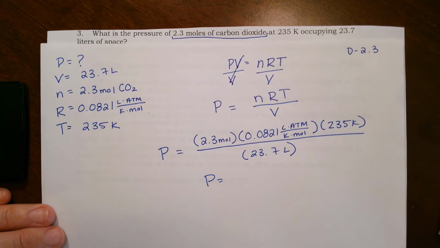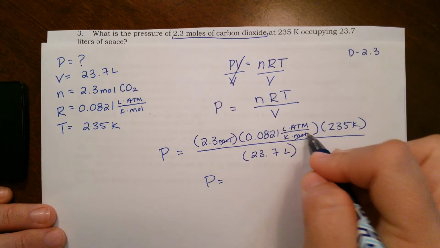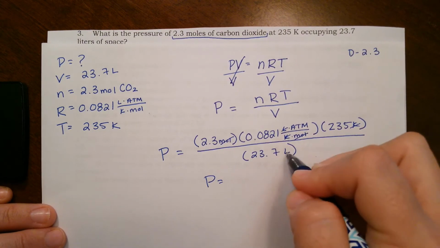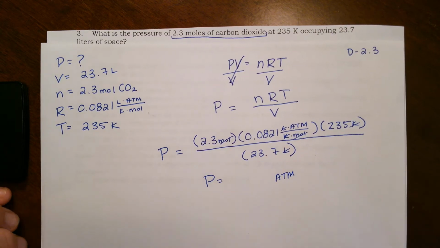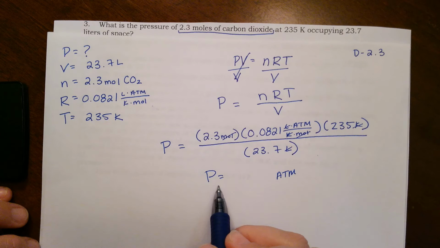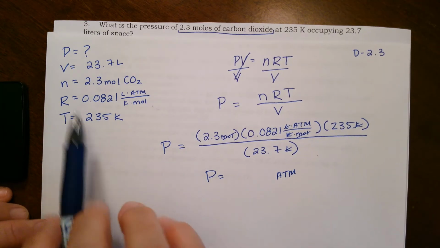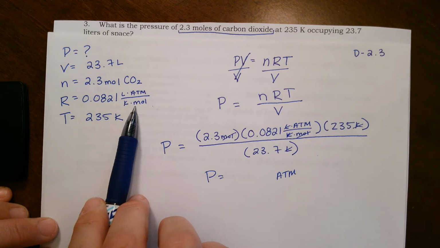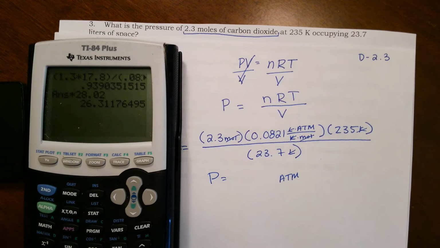Those units, we can check them once again. They are all going to cancel. So it's going to be mole to mole, Kelvin to Kelvin, liter to liter. So we know our final answer will be in atm. The other reason we know it's atm is because it is the pressure. And if we're using the ideal gas law with this specific gas constant, our pressure will always come out in atmospheres, atm.